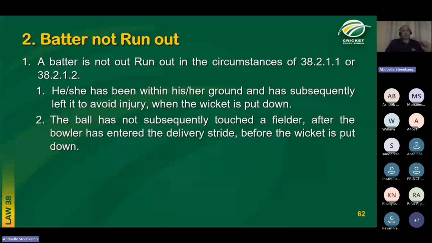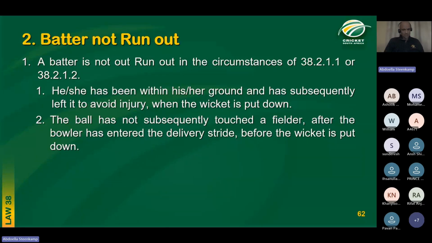But point one, they get immunity if they made the ground and they left it to avoid injury. Point two, also a batter is not run out when the law wants one of the 11 fielders to touch the ball first, and then it goes onto the stumps and puts the wicket down, with either batter outside the crease. So there must be a touch by one of the 11 fielders.